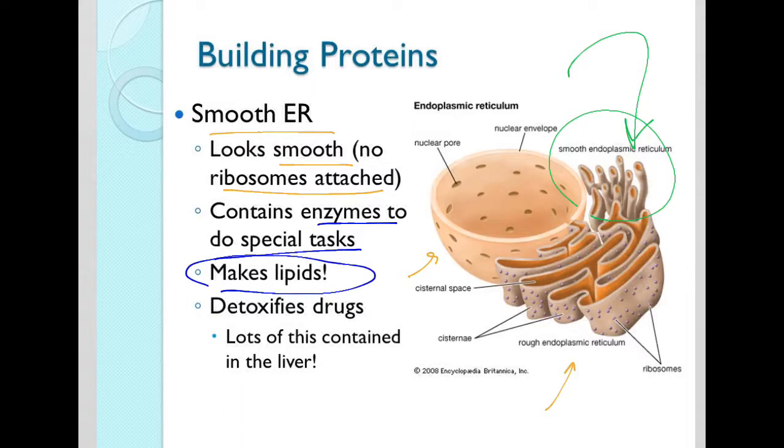The smooth ER is also associated with detoxifying the body of drugs and alcohol. There's actually a lot of smooth ER in the liver, and I believe alcoholics have more smooth ER because their bodies have felt the need to detoxify more alcohol than normal, so they've created more smooth ER.